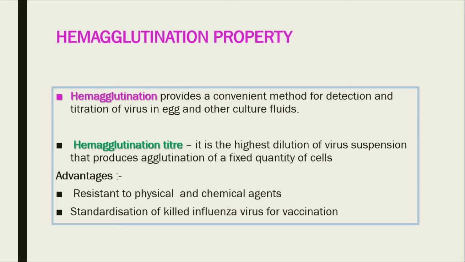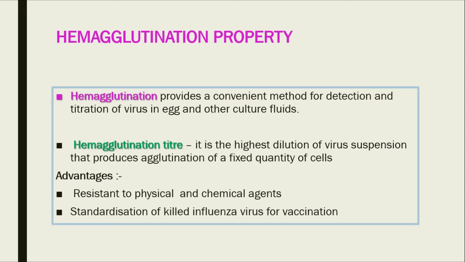So hemagglutination titer is the highest. We will go for serial dilution. We'll go for serial dilution of the patient sample, to which we'll add a specific amount of RBCs. Hemagglutination titer is the highest dilution of virus suspension that produces hemagglutination of a fixed quantity of cells. So it's quite simple, just like a viral test, where we will keep a series of test tubes.